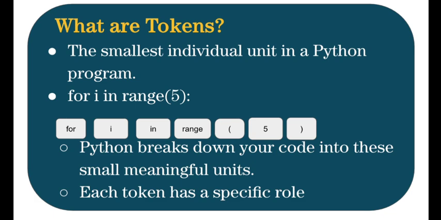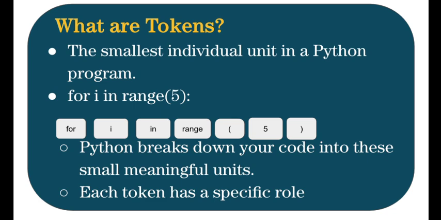Just like you can't understand a sentence by looking at individual letters, you need to understand the words. Similarly, Python breaks your code into these words or tokens to understand what you want it to do.